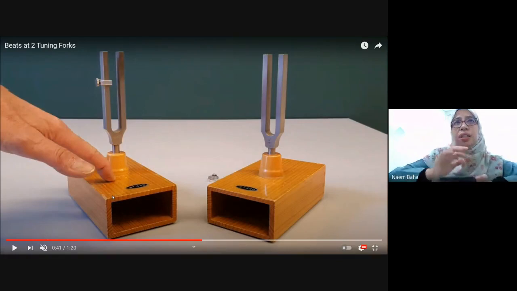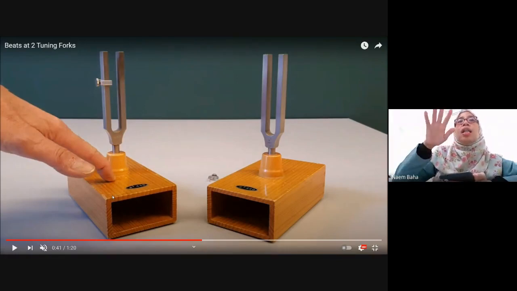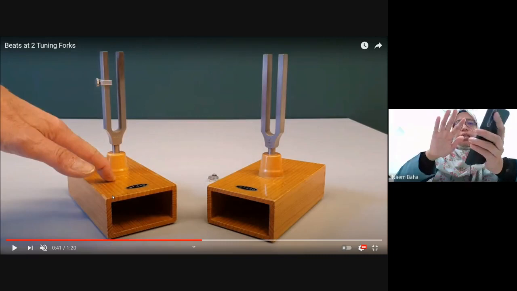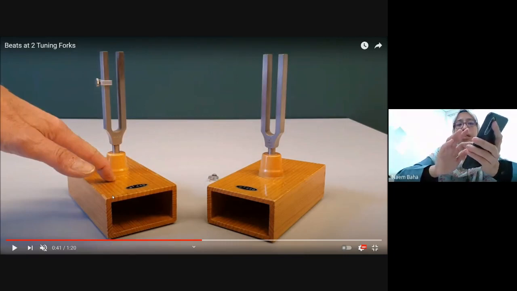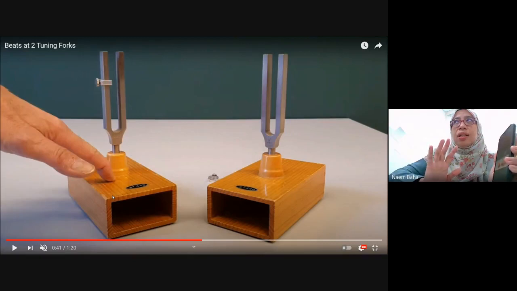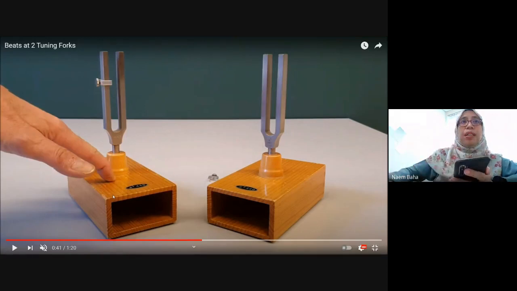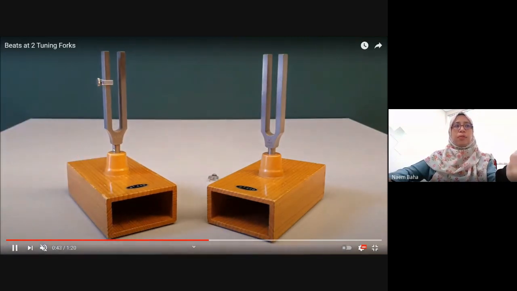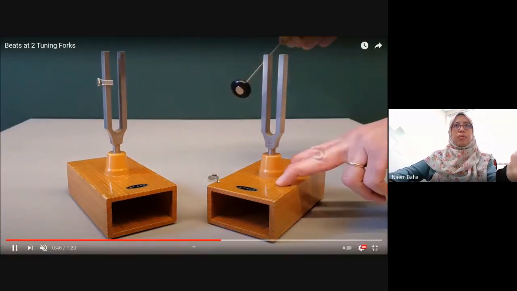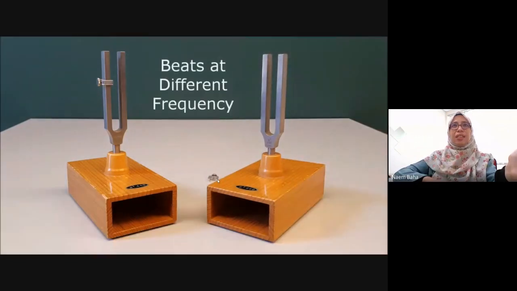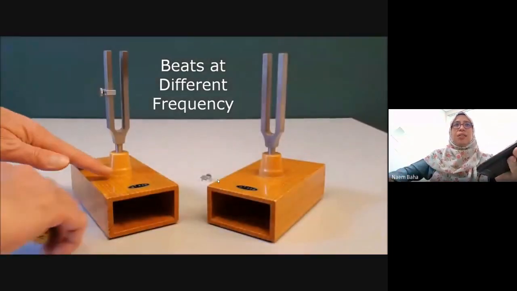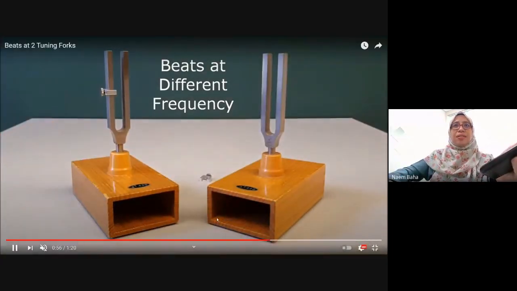The first one that you hear just now, that is no beat, the same frequency. Okay. Now this person will simultaneously. Okay, that's not. All right, listen. So, mine is.